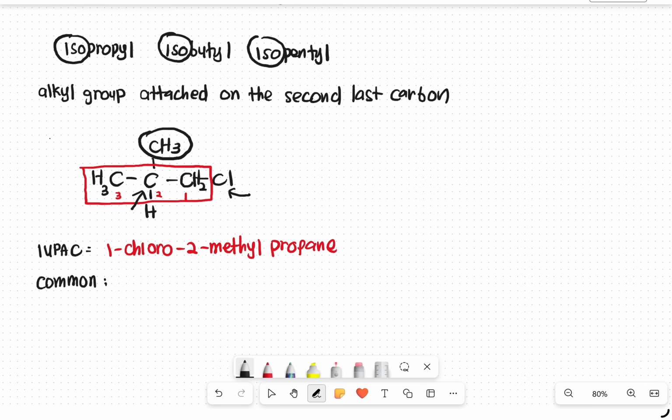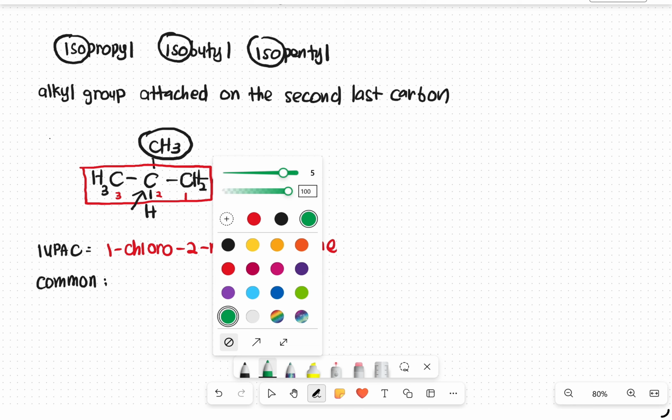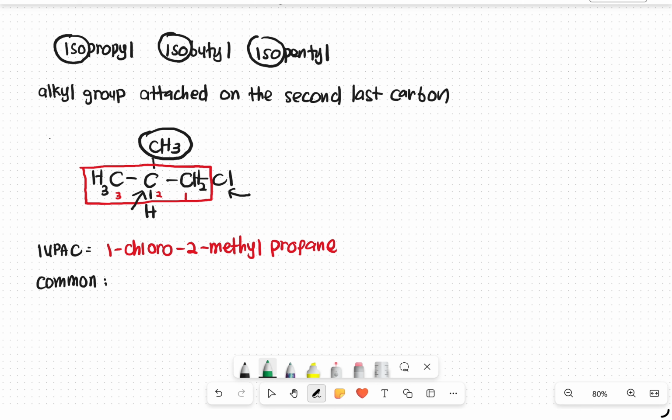So we count the number of all the carbon altogether. I'm using green color. So here, 1, 2, 3, 4. 4 carbon total. And the position of carbon number 4 here is located at the second last carbon.